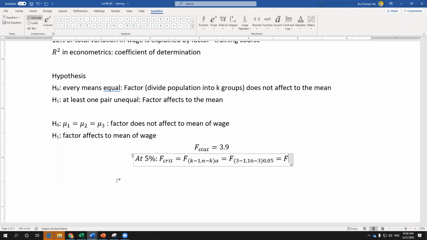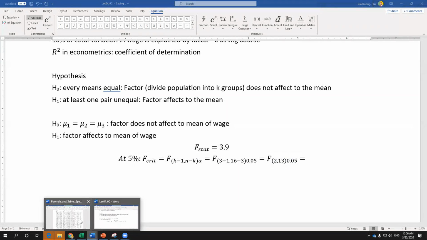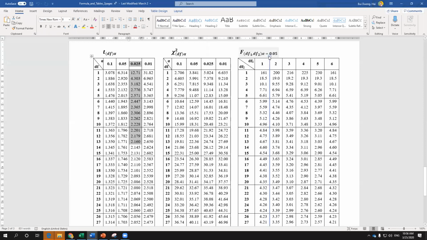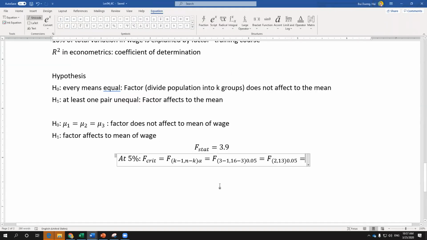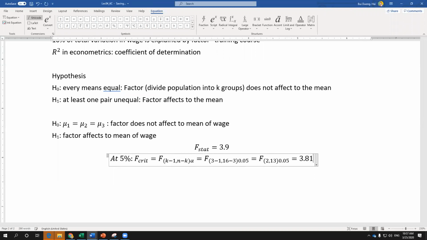Here is 2 and 13, 0.05. You can check in the table. F of 2, 13. I'm sorry, 2, not 3. 3.81. Therefore, F statistic is greater than F critical.